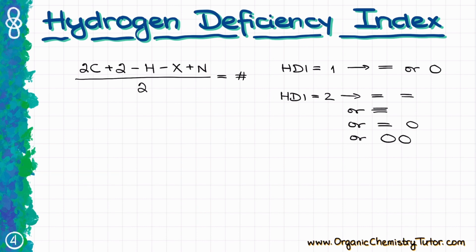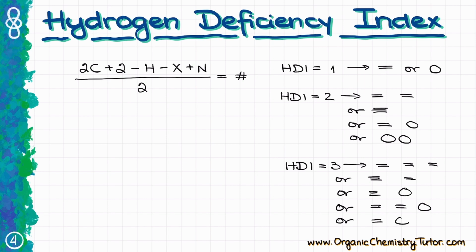Likewise, if let's say my HDI is equal to, say, 3, well, in this case we have even more possibilities, because then we can expect either 3 double bonds, or a triple bond and a double bond, or a triple bond and a ring, or 2 double bonds and a ring, or a double bond and 2 rings, or, I'm running out of space here, potentially 3 rings in our molecule.